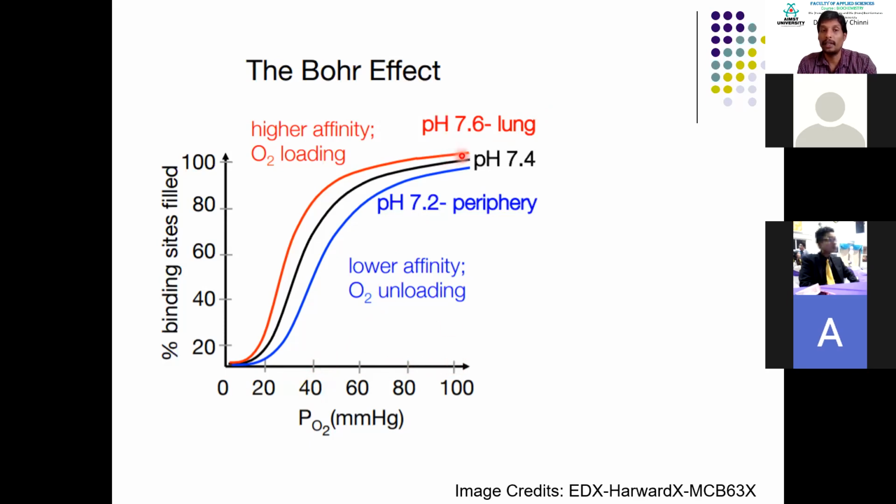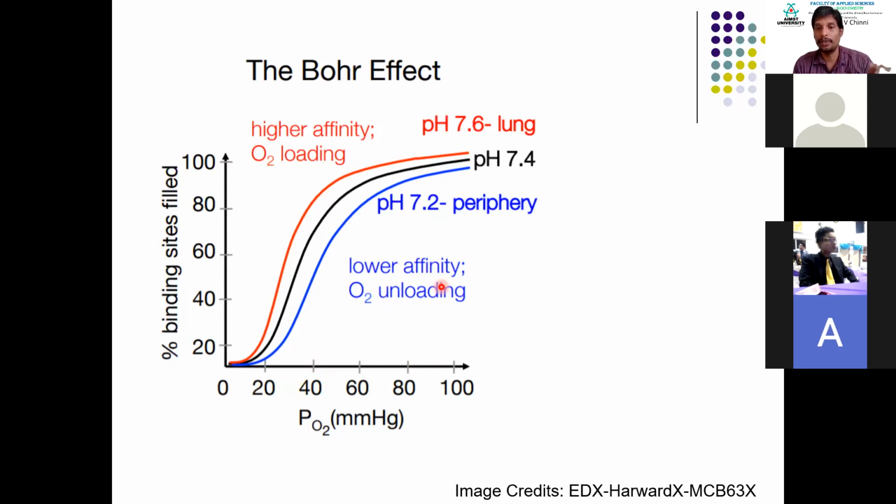So it will bind tightly to the hemoglobin, and 100% of the binding sites will be filled with oxygen. So pH plays a significant role in the binding affinity of hemoglobin for oxygen.